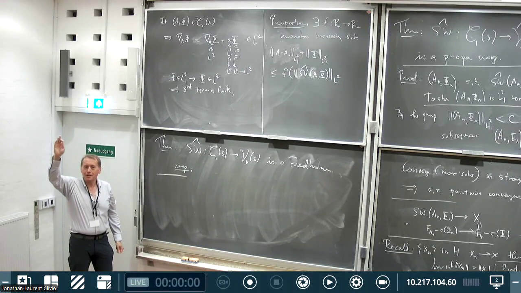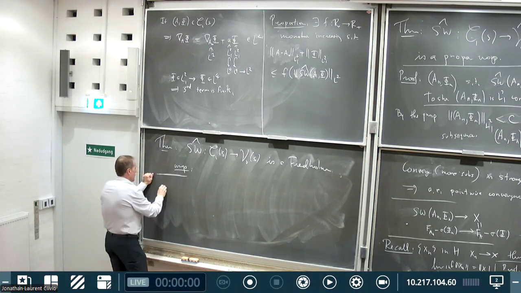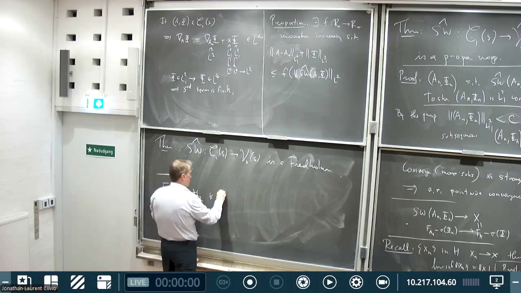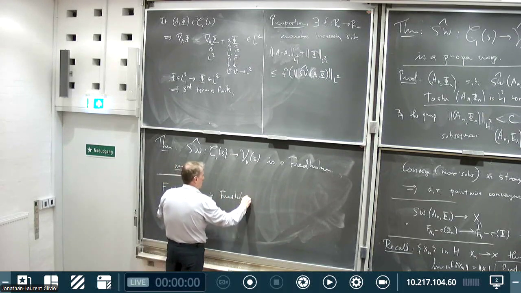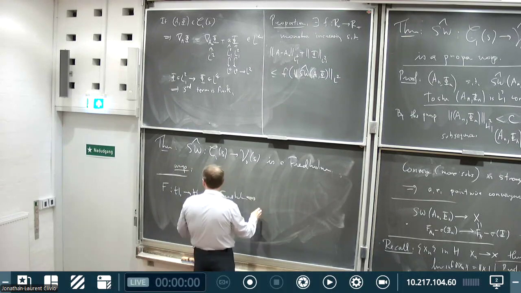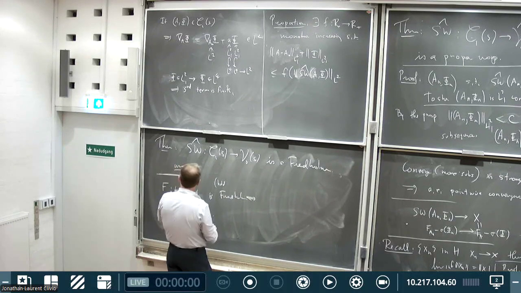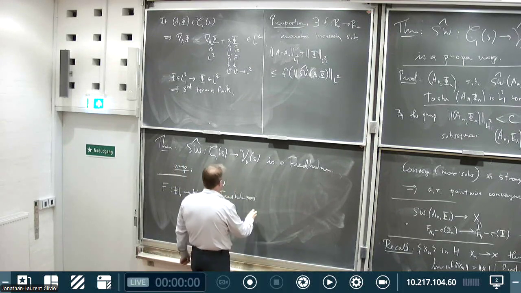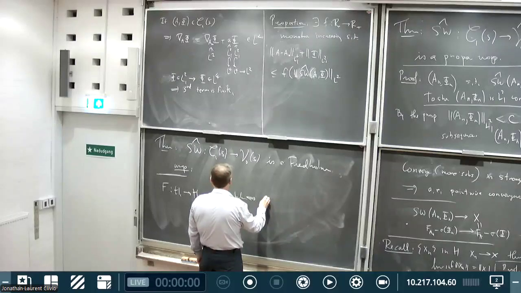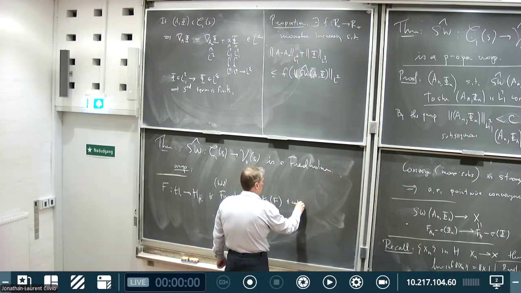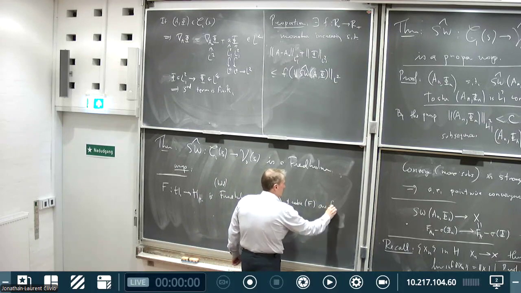Okay, then. A bounded operator F from H1 to H0 is Fredholm if and only if the kernel of F and the cokernel are finite dimensional.